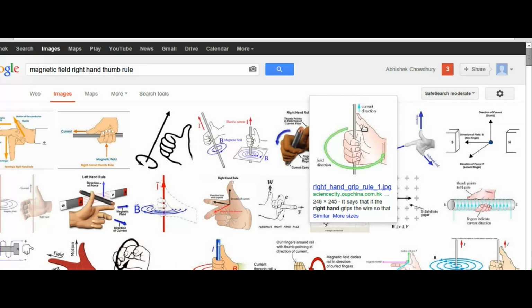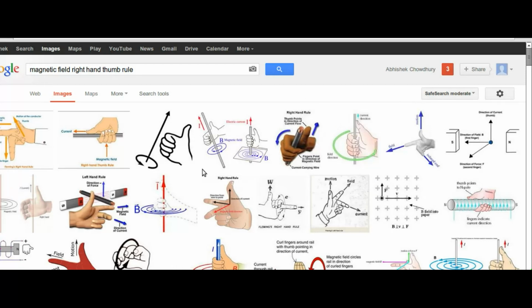Once I point my thumb along the current, whether the magnetic field is clockwise or anti-clockwise is given by the direction of curling of my fingers. If the current is going upward, my fingers will curl in an anti-clockwise direction. See the arrow here. So the magnetic field will be in anti-clockwise direction.